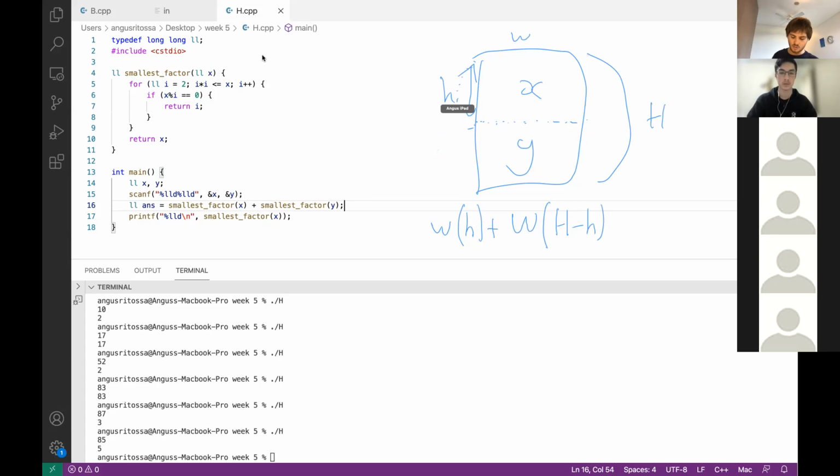We want the width times little h to be equal to x, and the width times big H minus little h to be equal to y. That's our condition we need to satisfy.